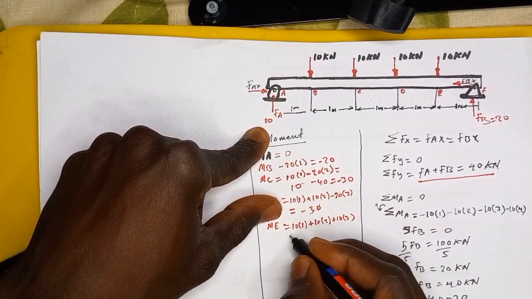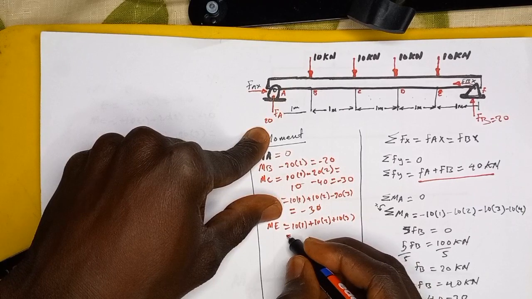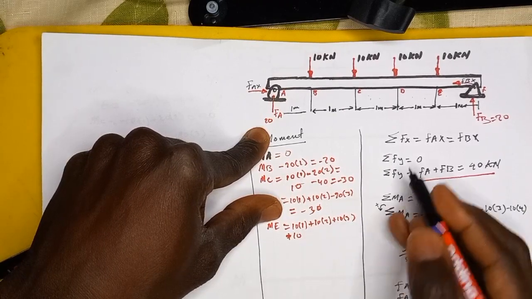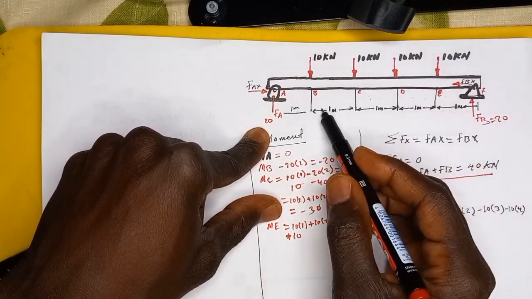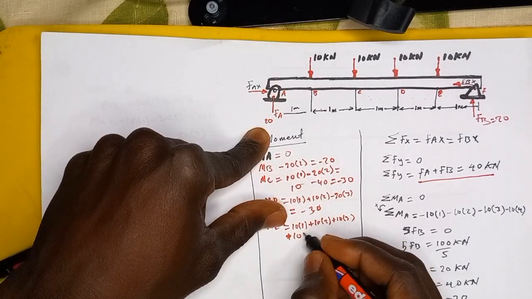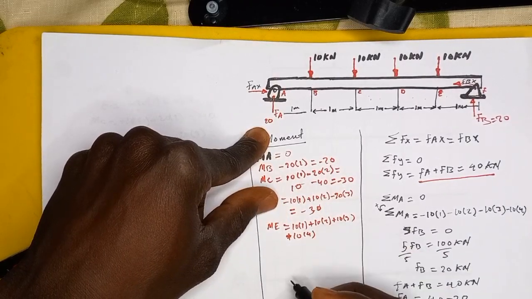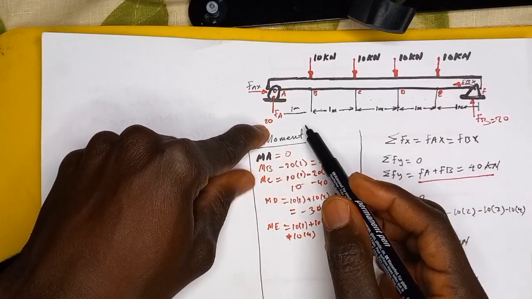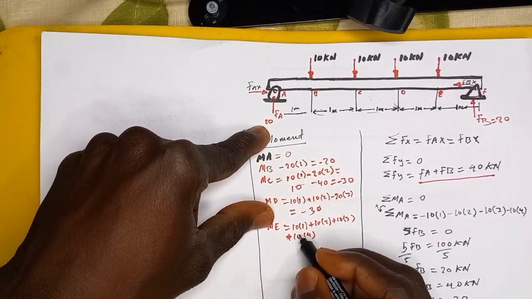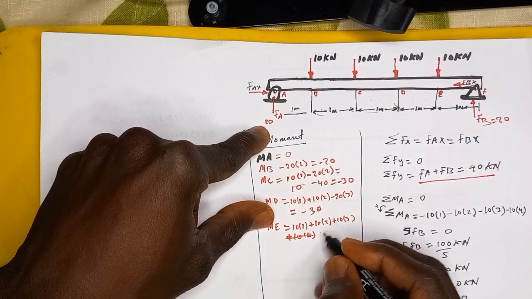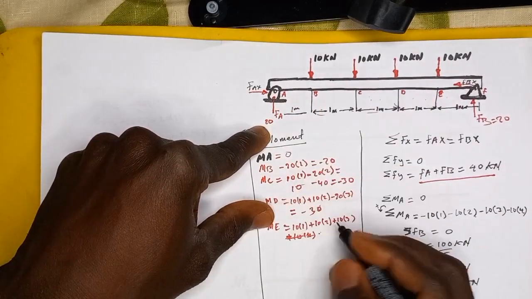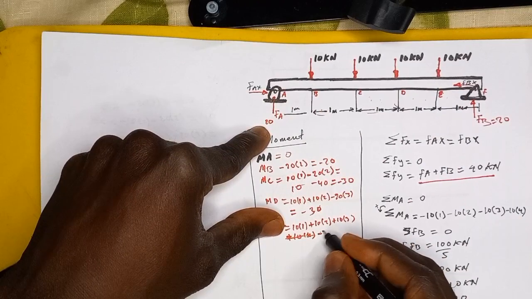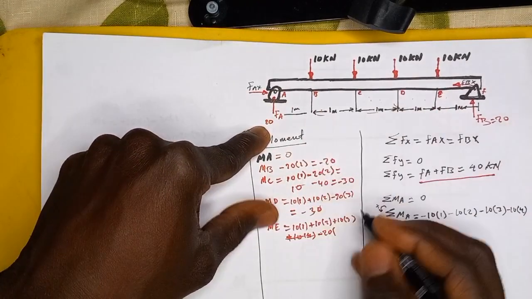And we have another 10 again, 10 here, the distance away is 4. And at point E, we stop here, and this last one, that is negative 20, the distance away is 4.